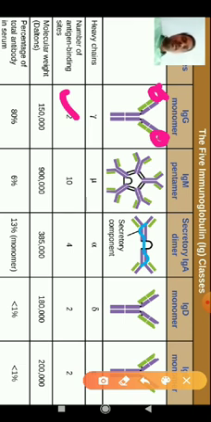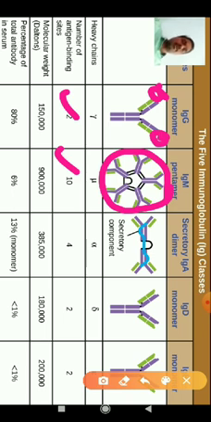But in the pentamer of IgM, there are five antibodies, and each antibody binds with two antigens, so 10 antigens are bound to IgM.